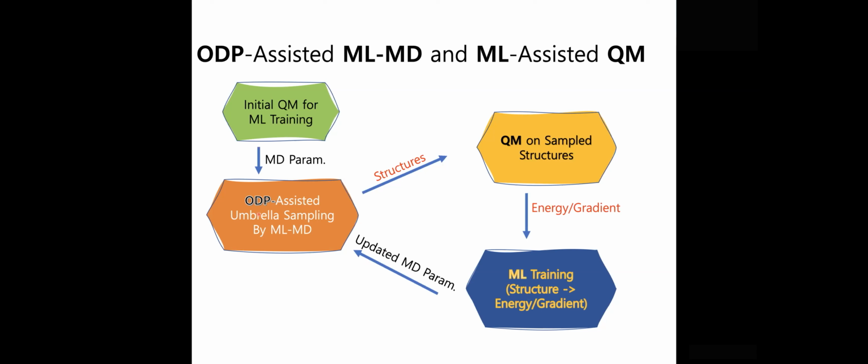Using these, we can calculate the free energy difference between iterations, right? You can see that it converges. The difference becomes smaller and smaller, and eventually it arrives at 0.2 kilocalories per mole, which is very small in terms of chemical accuracy. So I would say this guarantees chemical accuracy.